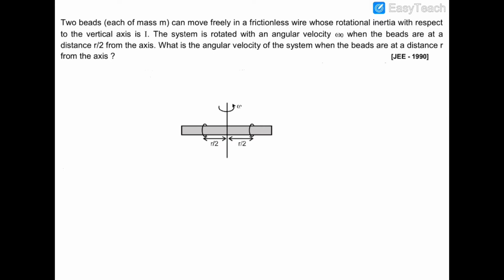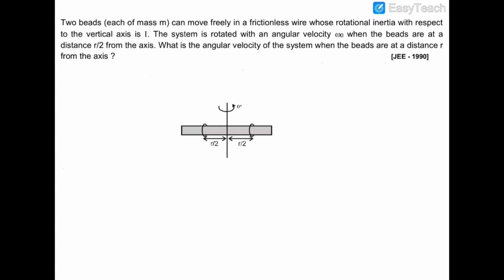Initially the beads are at a distance of r by 2 from the axis. When the beads reach a distance of r from this axis, we have to find the angular velocity of this system.